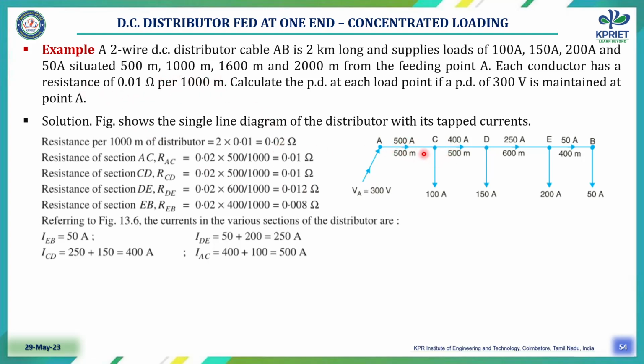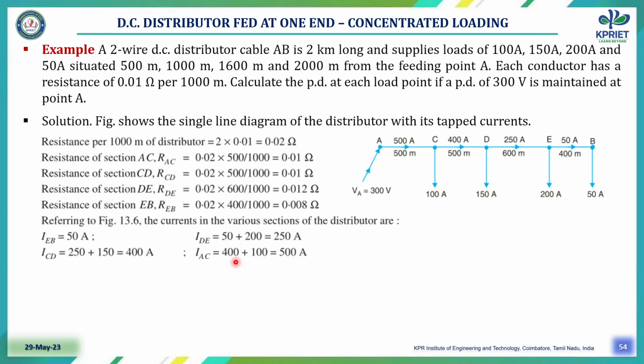For example, 500 meters is equivalent to half of 1000 meters. The resistance is 0.01 per 1000 meter, and we convert it to the required length to get the actual resistance value. We get the resistance of section AC 0.01, similarly CD 0.01, section DE 0.012, section EB 0.008.